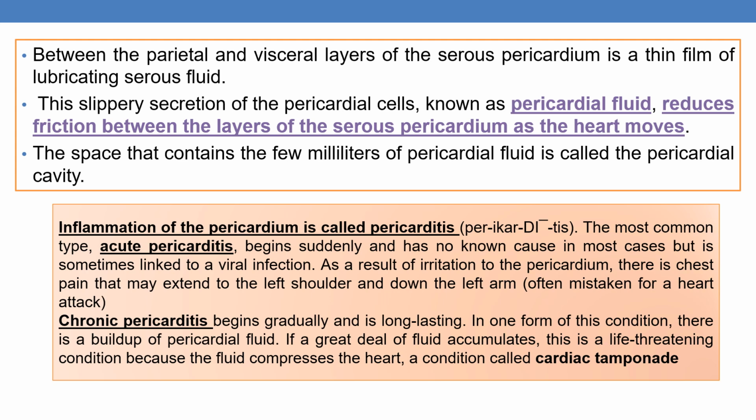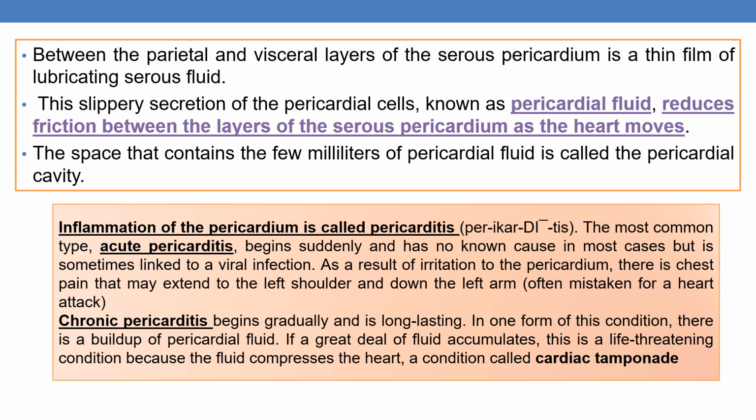As a result of the irritation of pericardium, there is a chest pain that may extend to the left shoulder and down the left arm and is often mistaken for a heart attack.